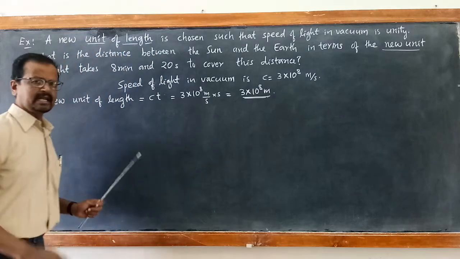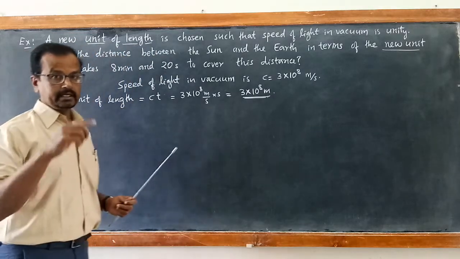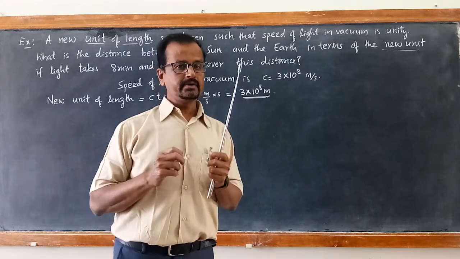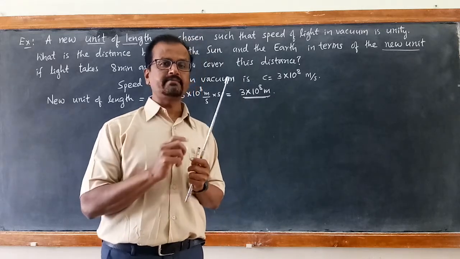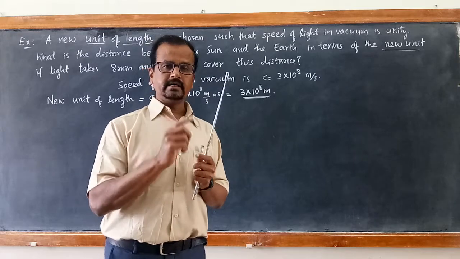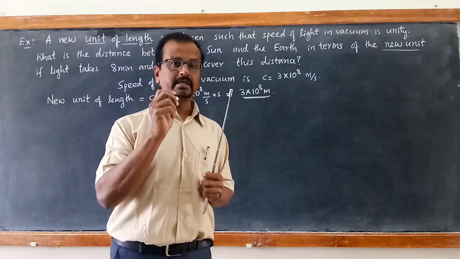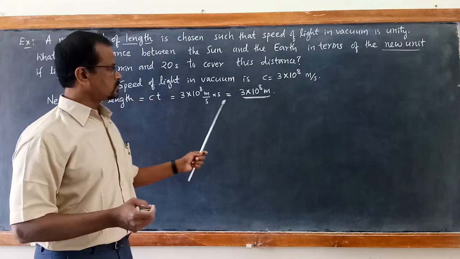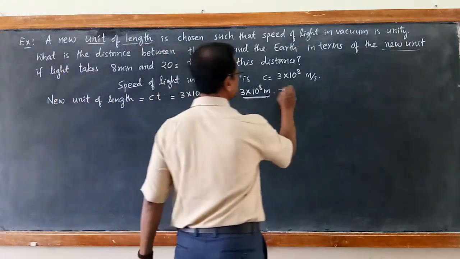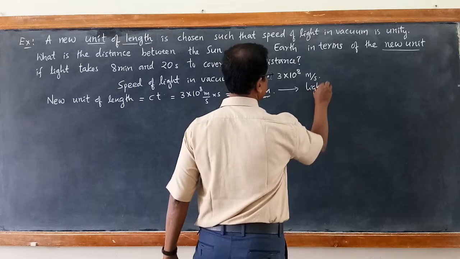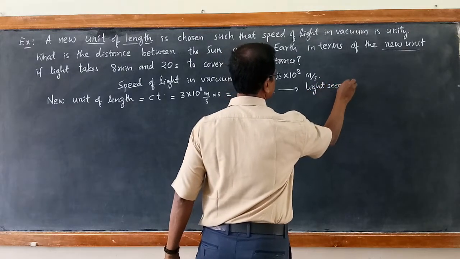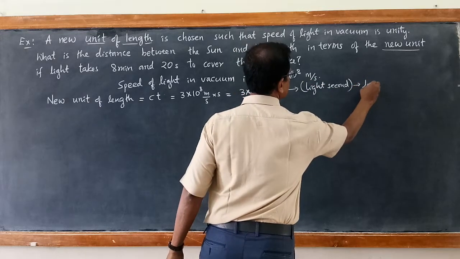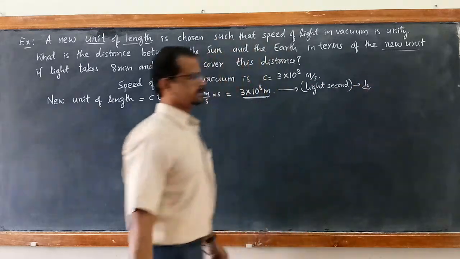So you can call it as light second. You know, light year. Light year is the unit of distance. Light year is the distance traveled by light in 1 year. So distance traveled by light in 1 second, we can call it as light second, or you can call it as LS, light second.